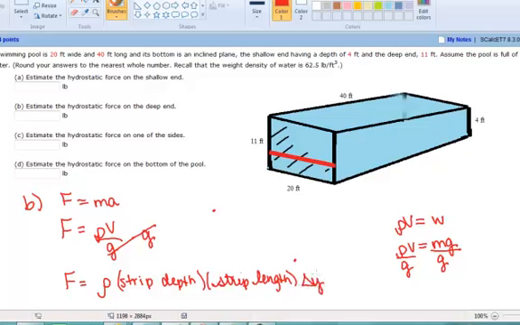So this volume is like the volume of water pressing on it. So the depth, the length, and then there's the part that's experiencing the force, delta y.